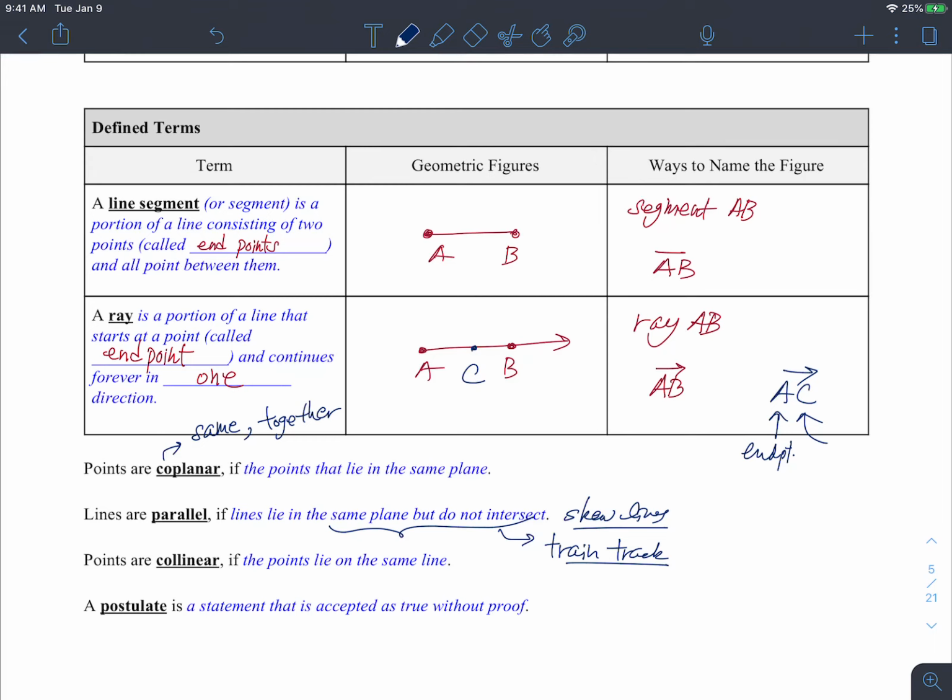Okay? All right, guys. We got two more. We got points are collinear, or COL means the same, right? On a line. We're in the same line. Yep. Something's called collinear if the points lie on the same line. And a postulate, this is a very, very, very important word. It's a statement that is accepted as true without proof.